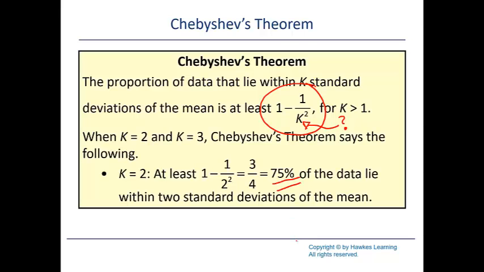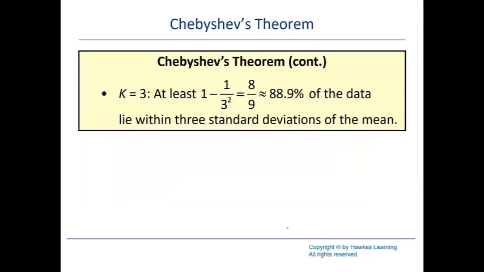We were given 88.9%. Okay, again, if you go on to the next one, we say if we go 3 standard deviations, we have 1 minus 1 over 3 squared, which is 88.9%. Well, yes, this is what we're looking for. So we know that for our example, k is 3. Again, we could go on if k was 4, right?